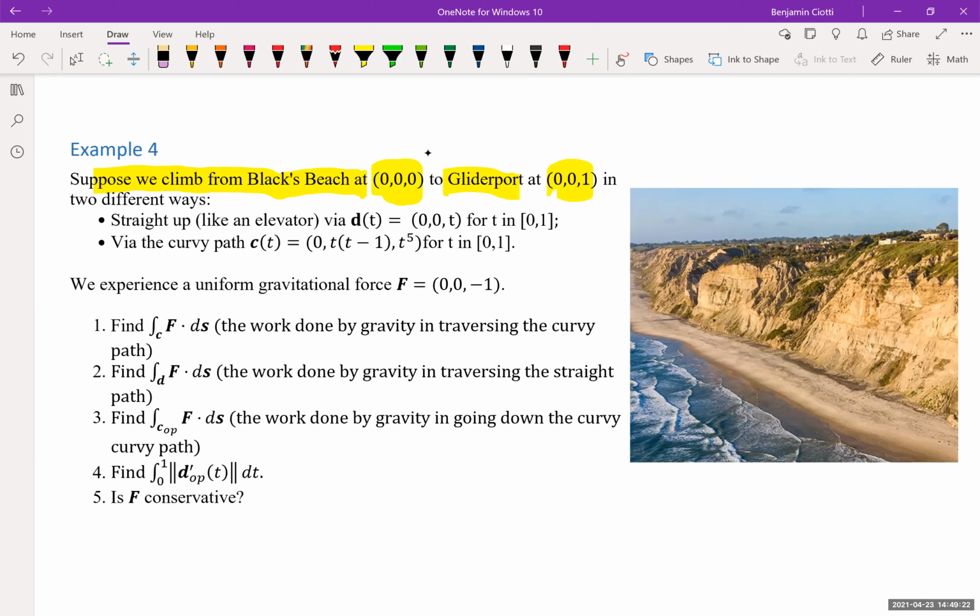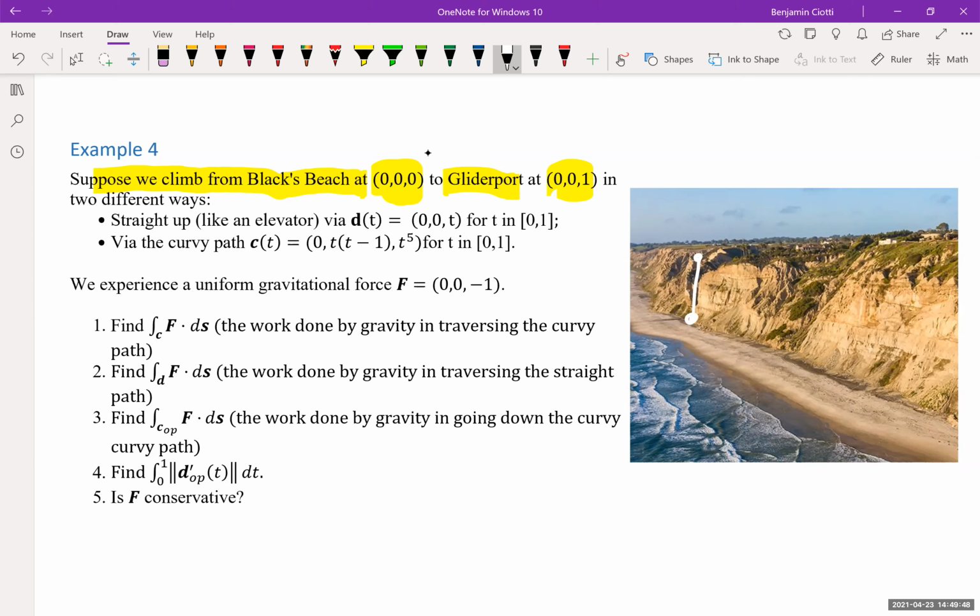down here, and Glider Port is up here on the top of this cliff, right? So there you've got people in the gliders up there, and you're down here at the beach, and you need to make it up to the top of the cliff. Now, I'm offering you two different paths to get from the bottom to the top of the cliff.